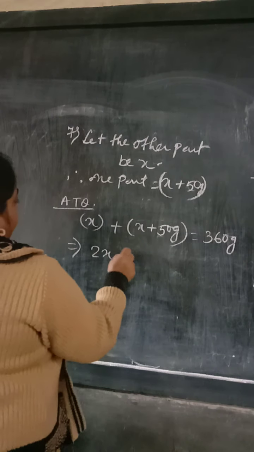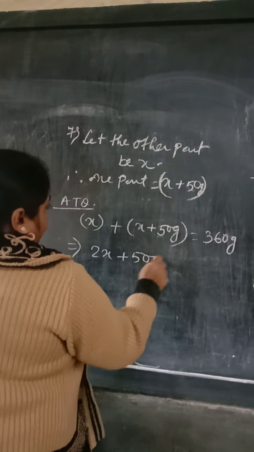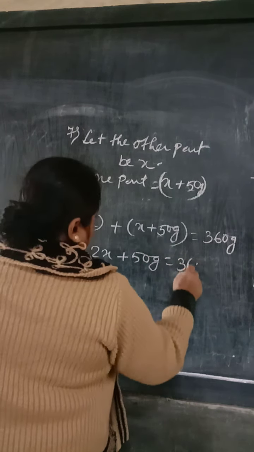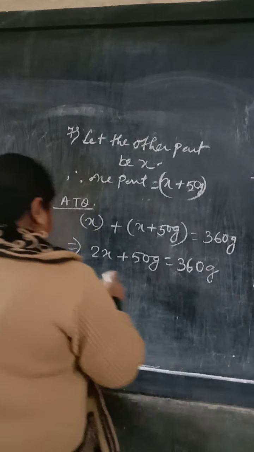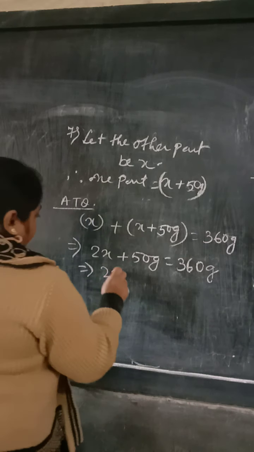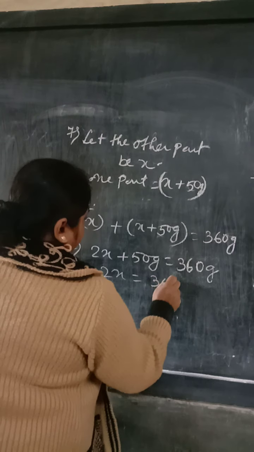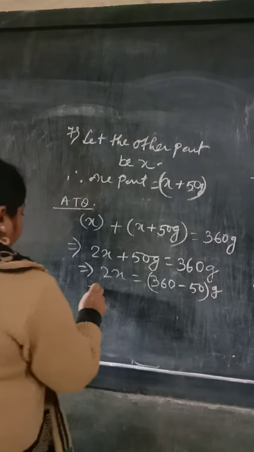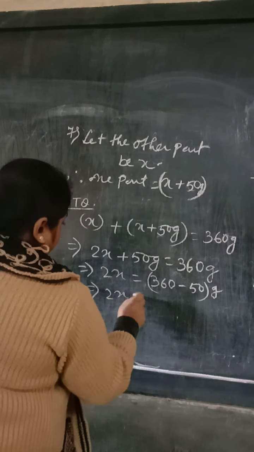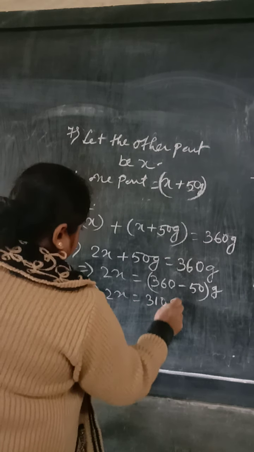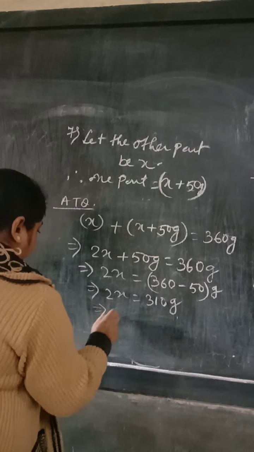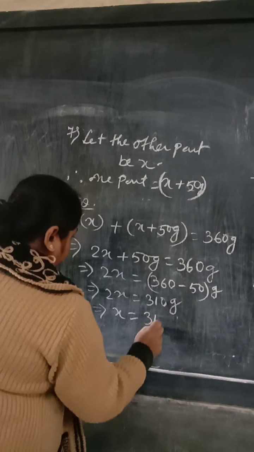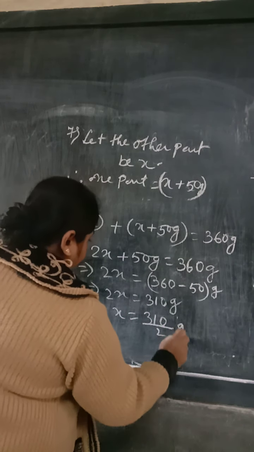So 2x plus 50 gram is equal to 360 gram. 2x is equal to 360 minus 50 gram. 2x is equal to 310 gram, or x is equal to 310 by 2 gram.